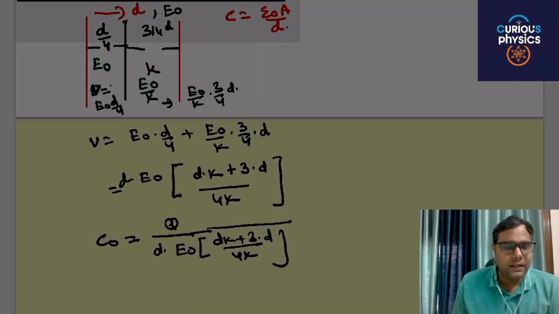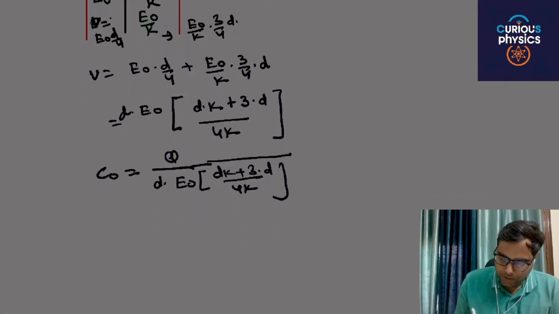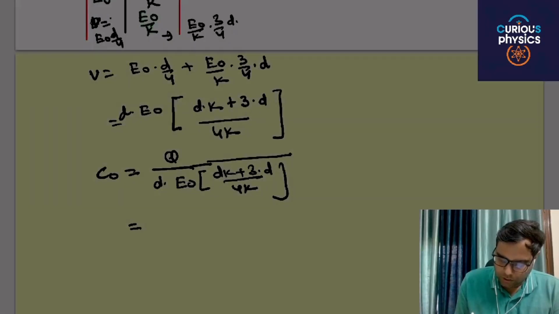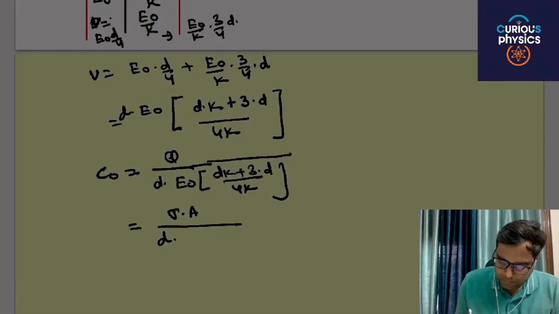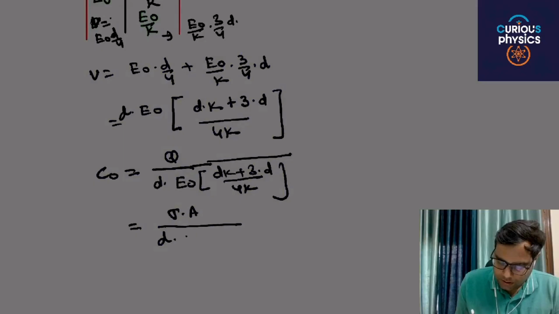Now you can put in the values: Q is equal to sigma into A, you know that, and E naught will be sigma by epsilon naught.